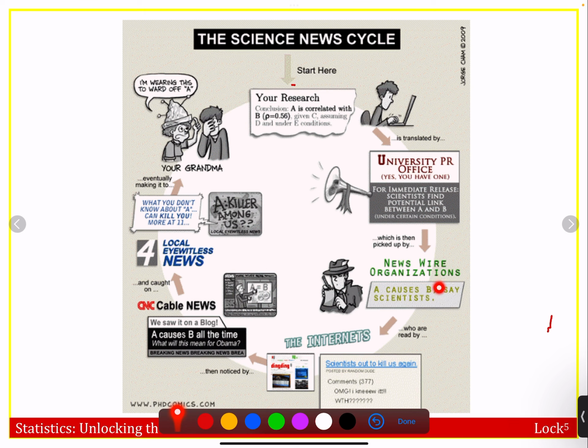And they say A causes B, which is read by the internet and then noticed by cable news, which now says A causes B all the time. What will this mean? And then it's caught on your local news: "What you don't know about A can kill you." And eventually it makes its way back to your grandma, who is now wearing a tinfoil hat to ward off A.